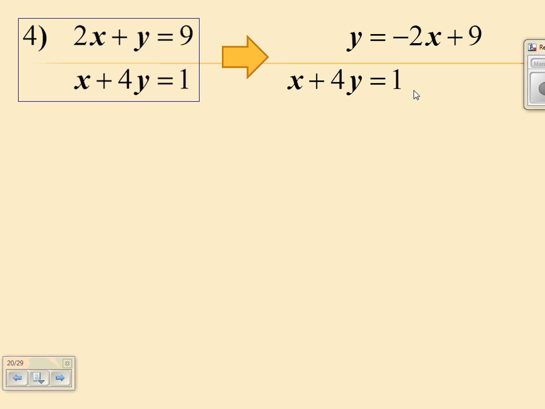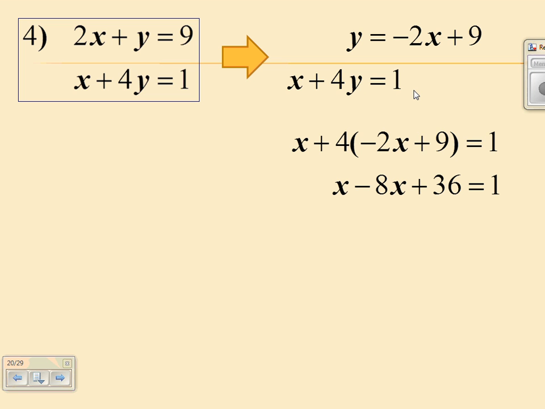I then substitute in negative 2x plus 9 into the bottom equation. I then get x plus 4 times negative 2x plus 9 equals 1. I then do the distributive property. I then simplify it. x equals 5.